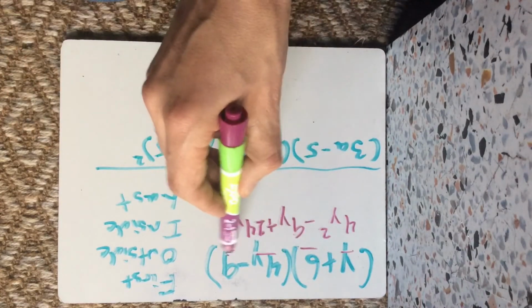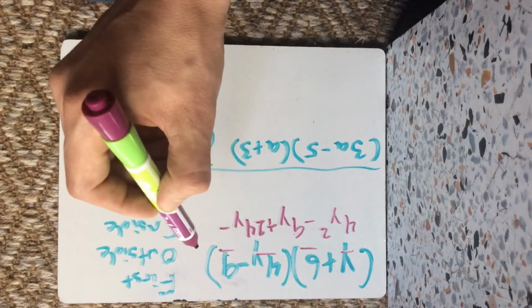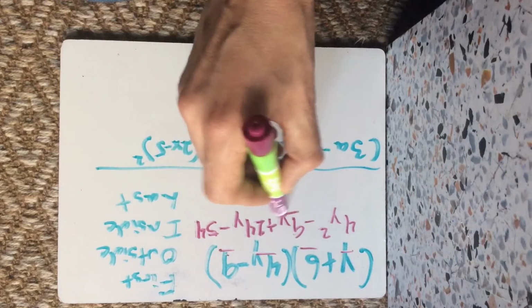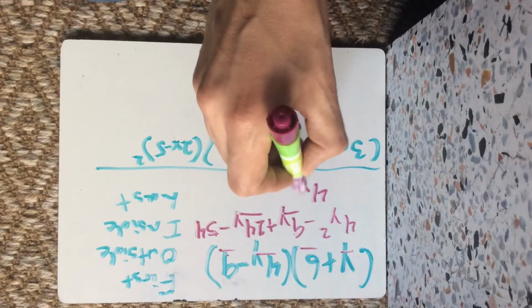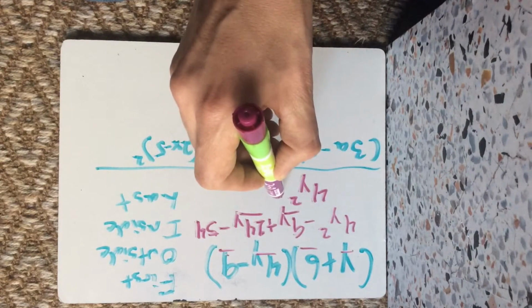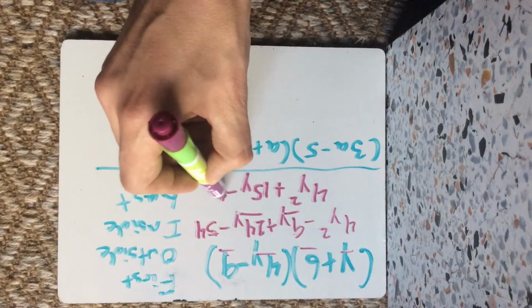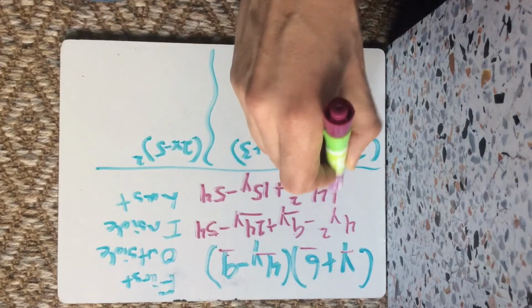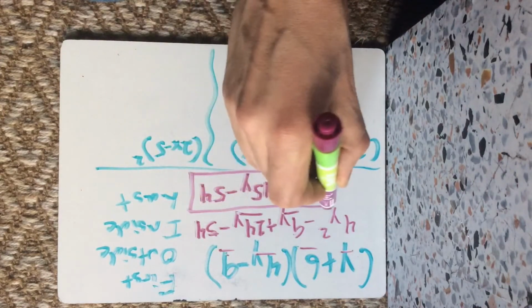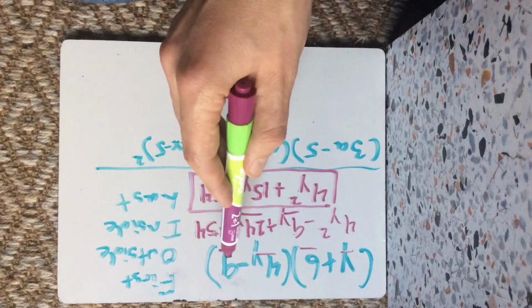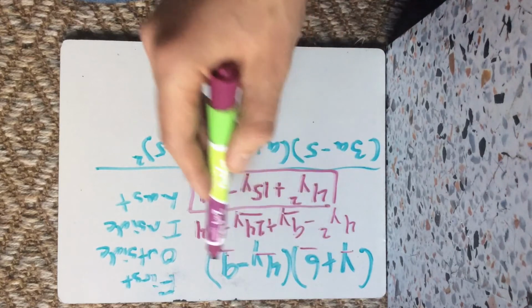Finally, the last of each, negative 9 times 6 is negative 54. Then make sure you add like terms. I end up with 4y squared plus 15y minus 54. That is my answer. So FOIL: first, then the outside, then the inside, then the last.